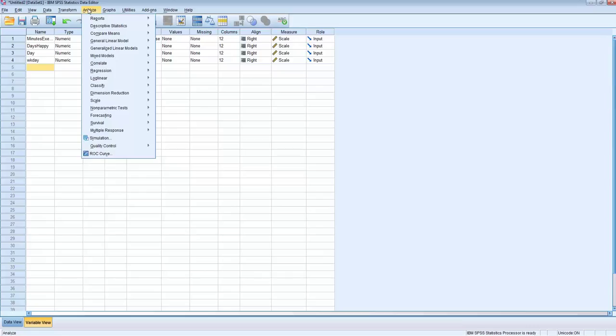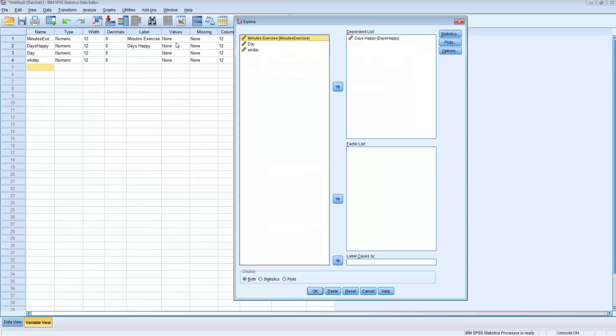So I click on Analyze and I click on Descriptive Statistics and I go to the Explore option. I can reset this. Actually, I've already run this once, so I already had days happy sitting on the dependent list. So let's bring in the two variables of interest into that box.